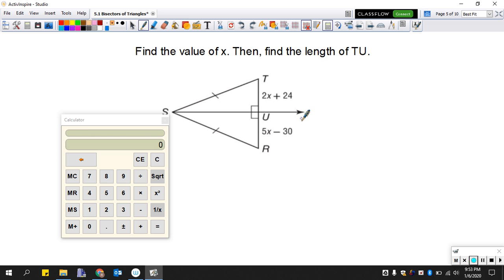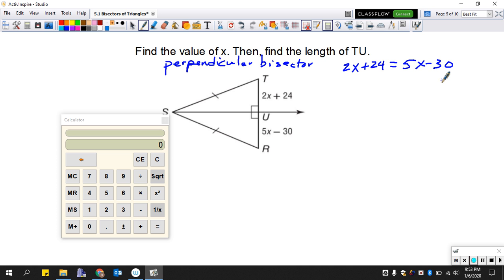All right. Next one. Once again, we can see that it crosses at a right angle. So that means that it's a perpendicular bisector. And that means we're going to set the two sides TU and UR equal to each other. So we have 2x plus 24 is equal to 5x minus 30.